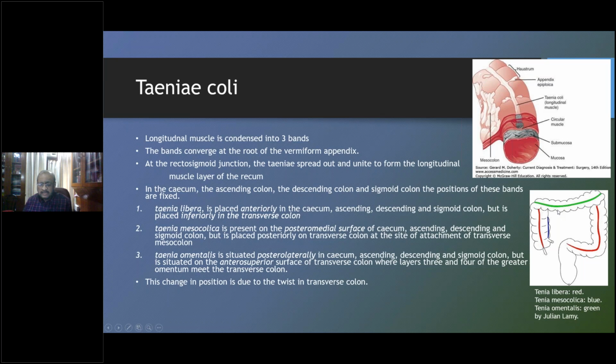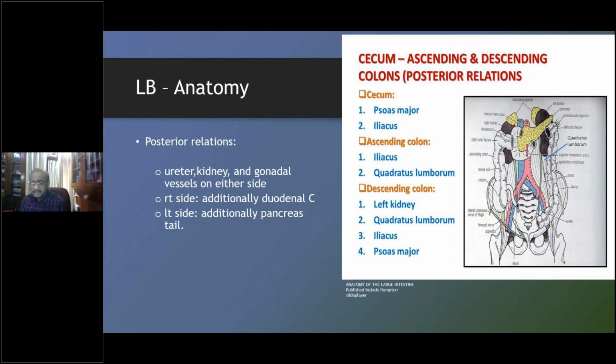So in the transverse colon it will be placed anterior-superiorly, and that is the part which comes in contact with the greater omentum. That's why the name tinea omentalis. So it's the twist of the transverse colon which gives it a different orientation as opposed to the rest of the colon.